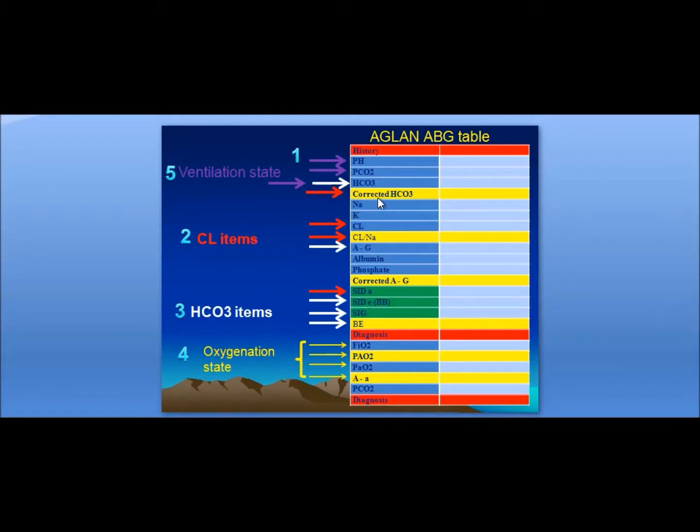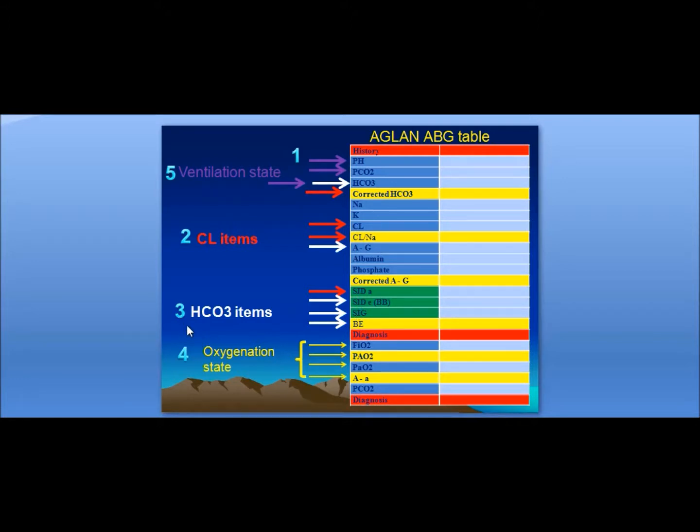This Aglan table, as I have mentioned before, is formed of measured values and calculated values. To start with, number 1, the pH. Number 2, the chloride items: serum chloride, chloride sodium ratio, corrected bicarbonate, and strong ion difference.